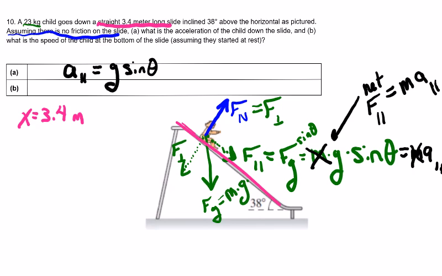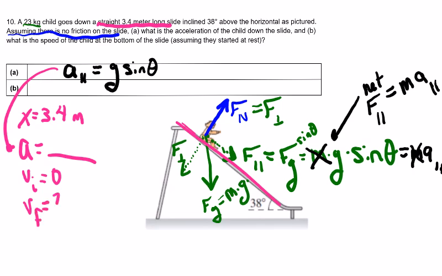The acceleration would be this value right here, so whatever I get in part A, and then we are initially not moving, so this was 0. We're trying to find VF. My idea is I would use the fact that VF squared equals VI squared plus 2AX. Since I have everything, I just have to solve for VF and I can find how fast they're going.